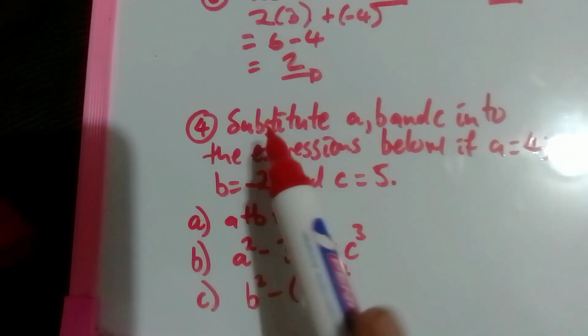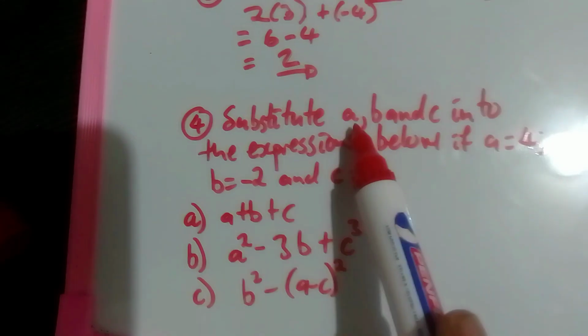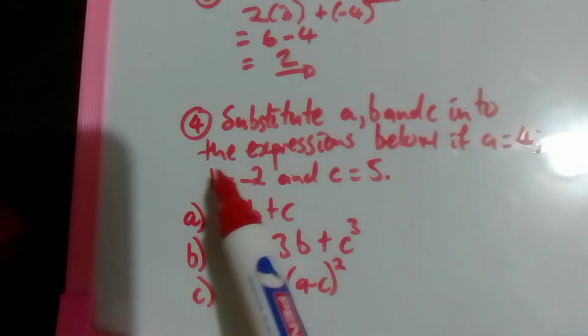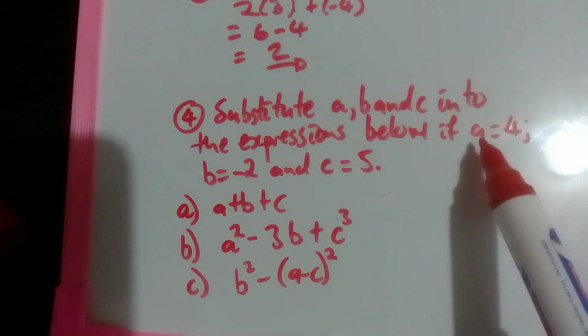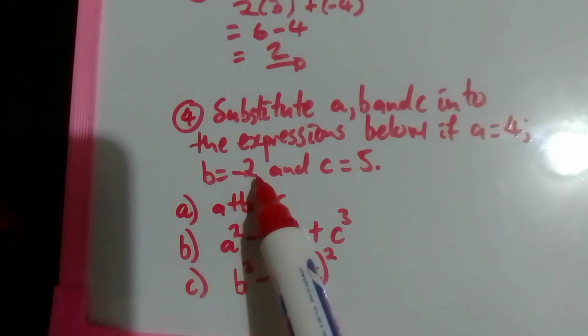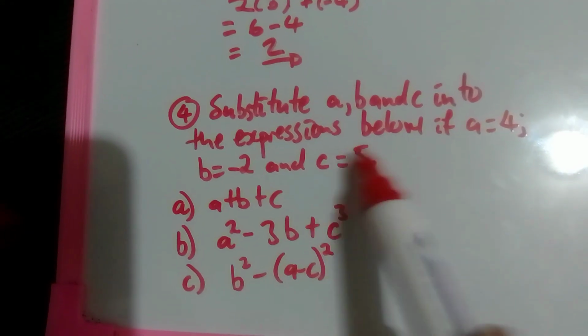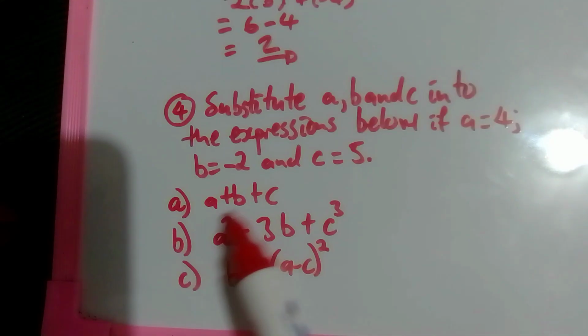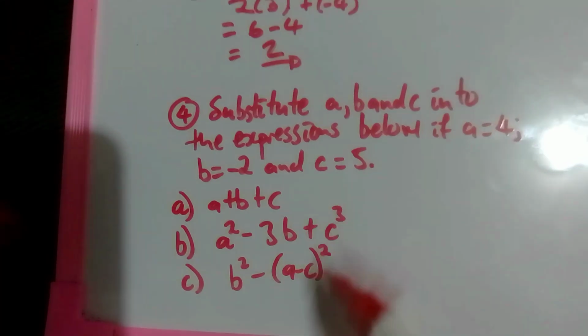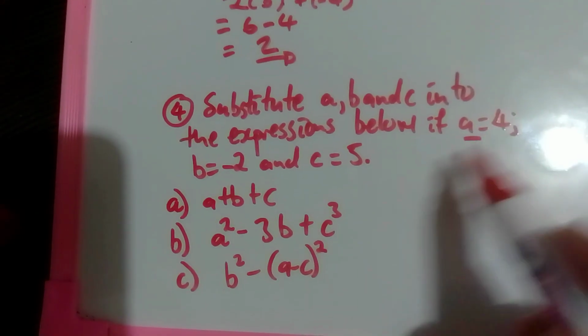Here on number 4 we are told to substitute a, b and c into the expressions below if a is equal to 4, b is equal to -2 and c is equal to 5. So we've got a plus b plus c. We are told that we must substitute these numbers.